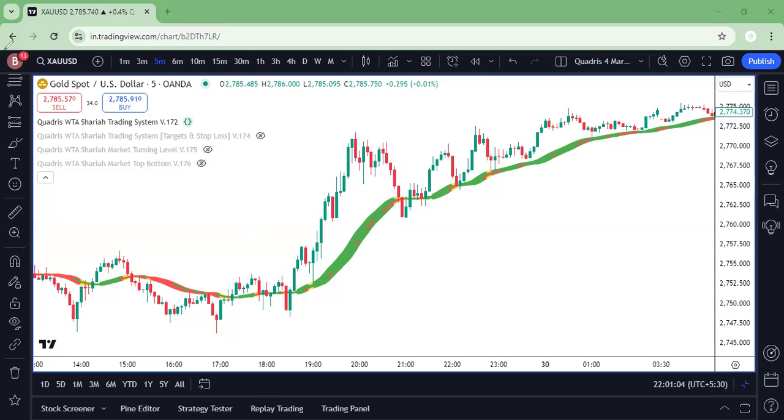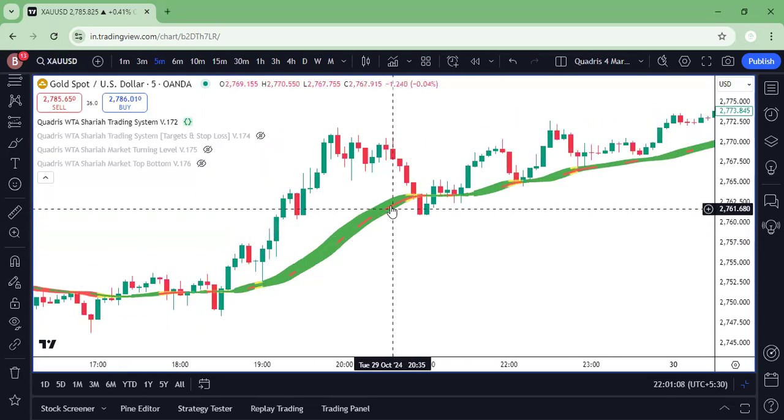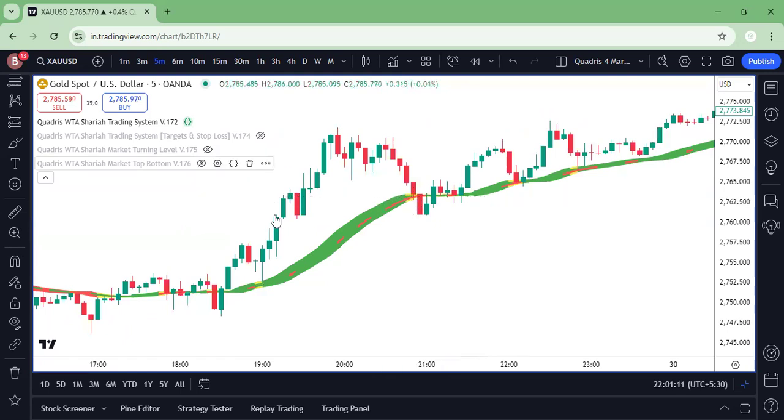If I zoom in, you would be able to see this red line which is consistently drawn. This shows us that the price is collapsing and falling. Now, this was the first pullback, second pullback, third pullback, fourth pullback.